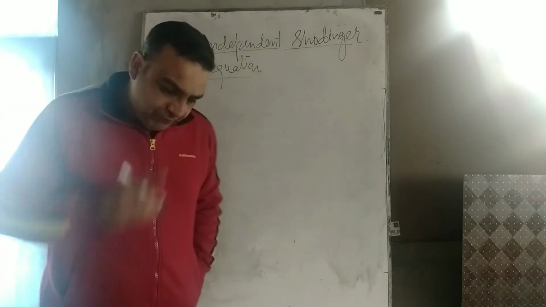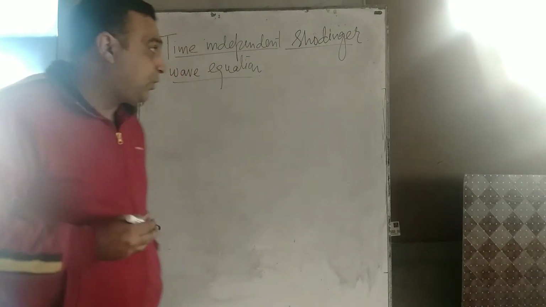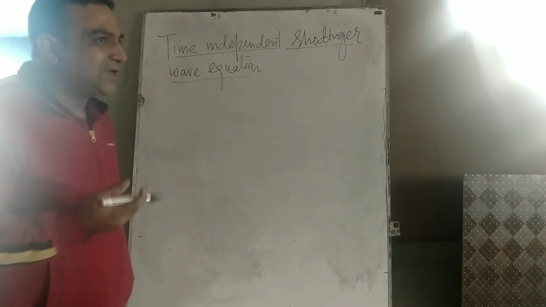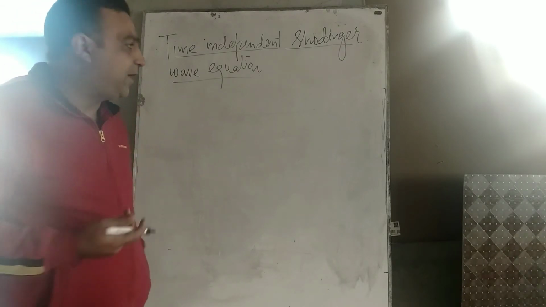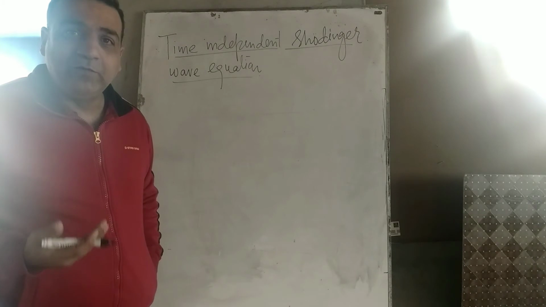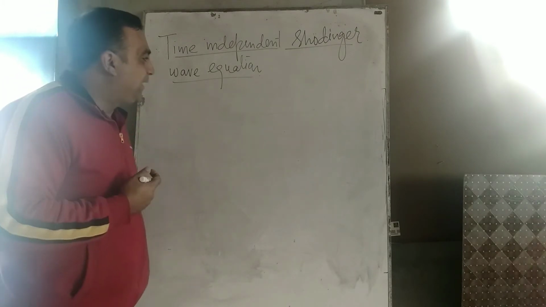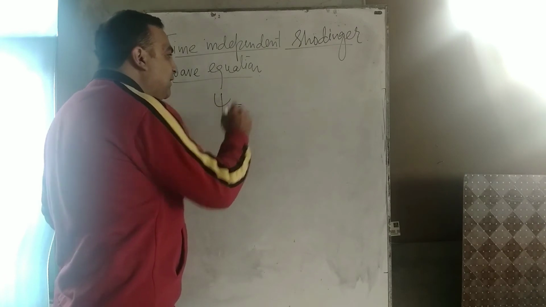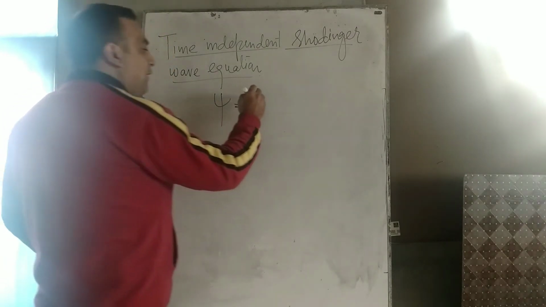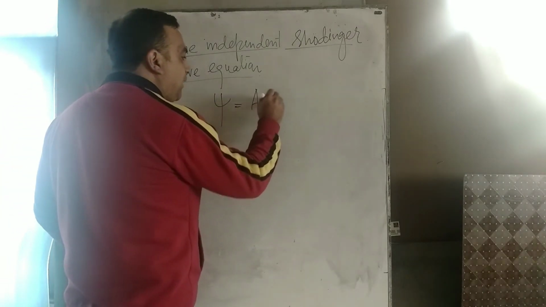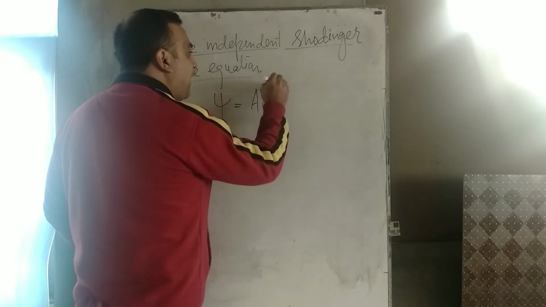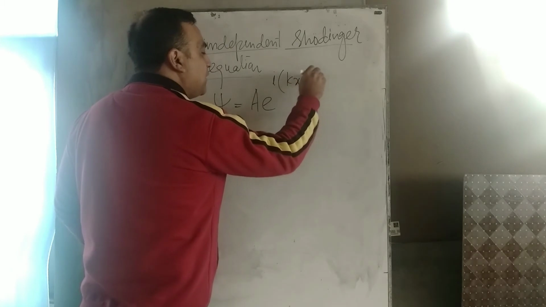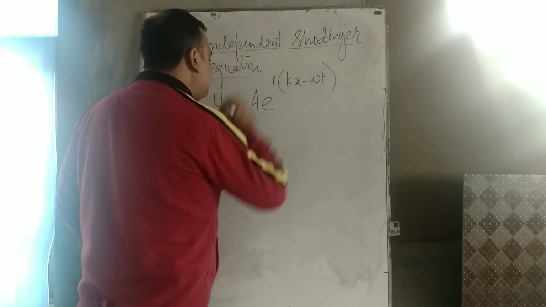So, if we start with a wave function, and all of us know some of the basic properties of this wave function, the complexity involved in this wave function. This wave function psi can be written as a e to the power of i(kx minus omega t).